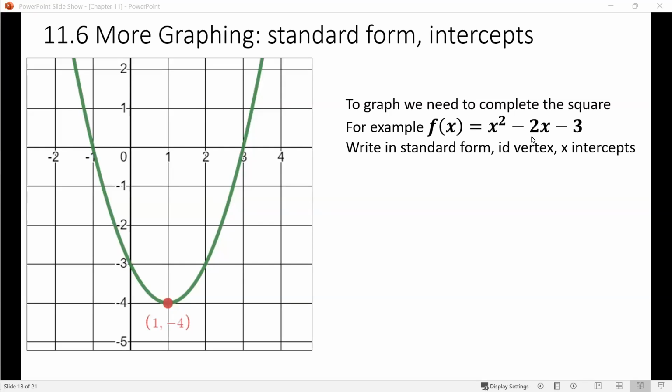Okay. So how do we get this guy that's in standard form into our general form? To do that, we're going to use the process called completing the square, which we actually did when we were solving some quadratic equations previously. So hopefully you still remember that.